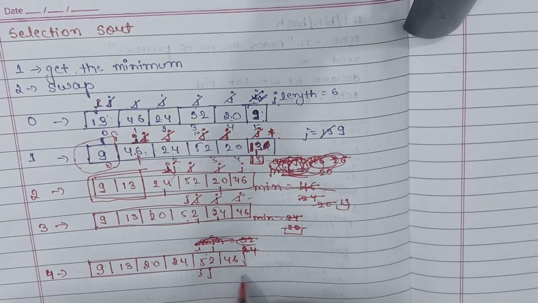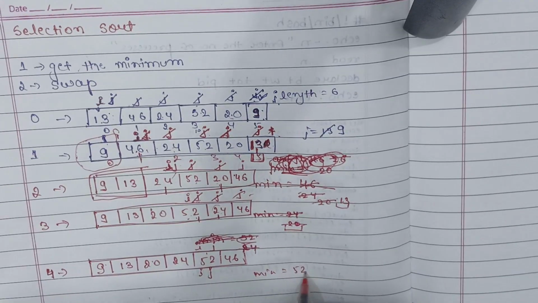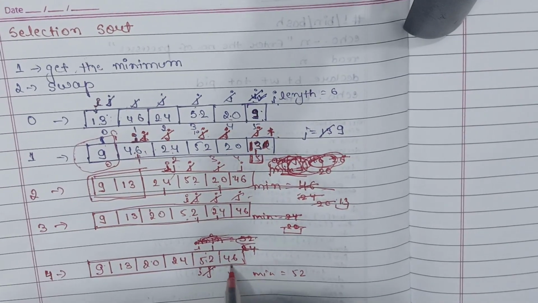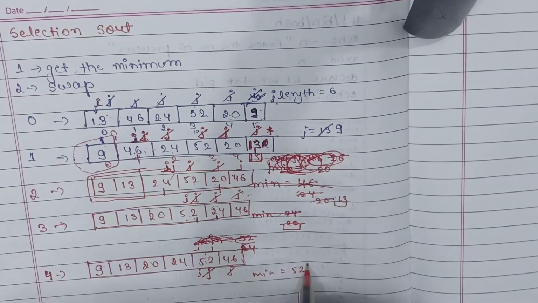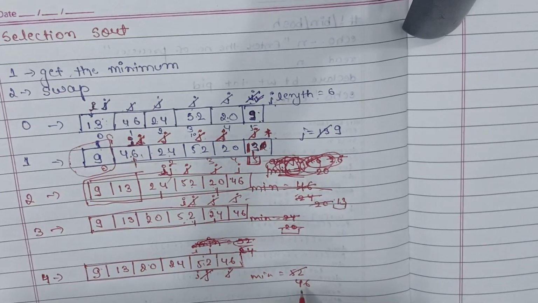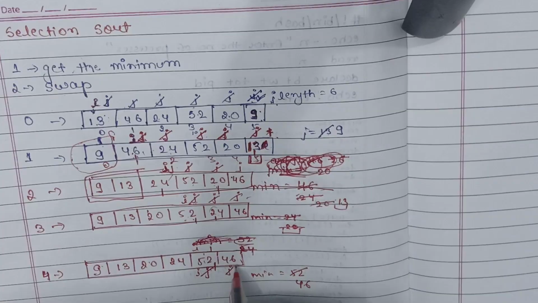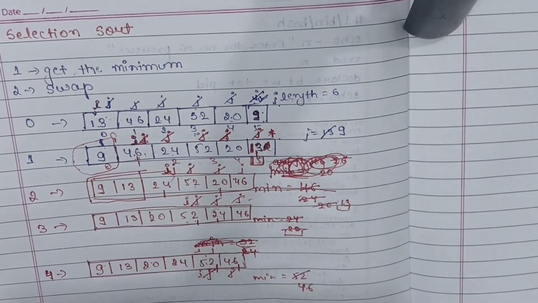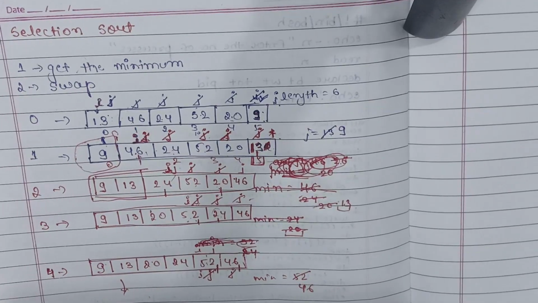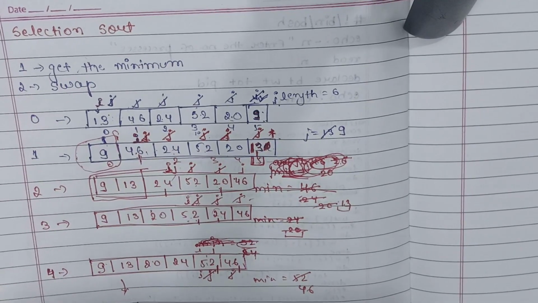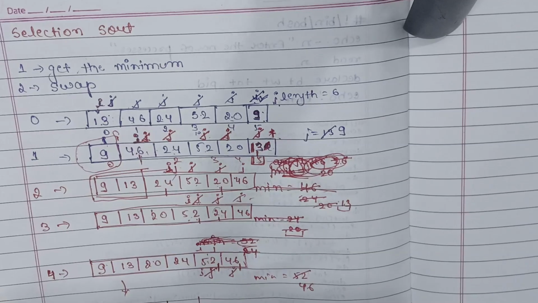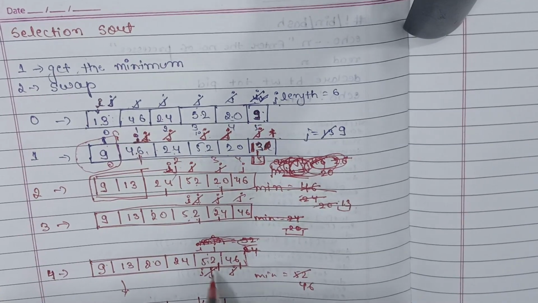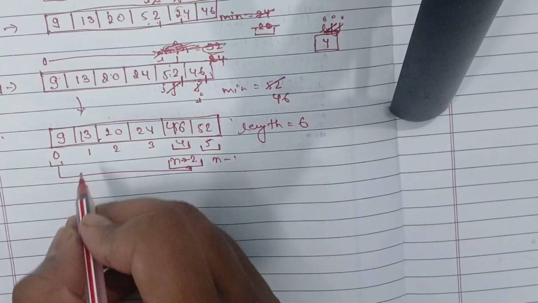Now move j forward. Initially the minimum value is 52. Now go forward and check, is 46 less than 52? Yes, 46 is less than 52. So we need to swap this particular element and this particular element. Let's swap it. In the next iteration, what we get is 9, 13, 20, 24, 46, and since it is swapped, 52 will be at the end.